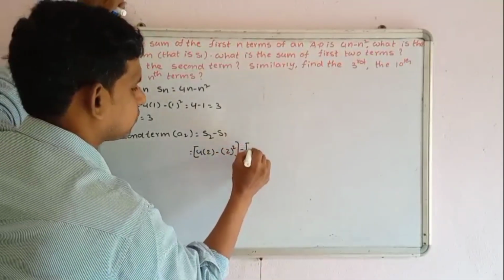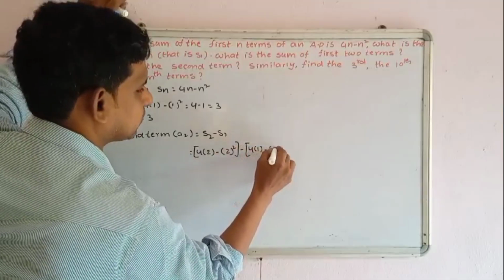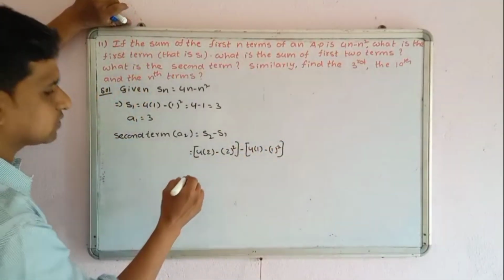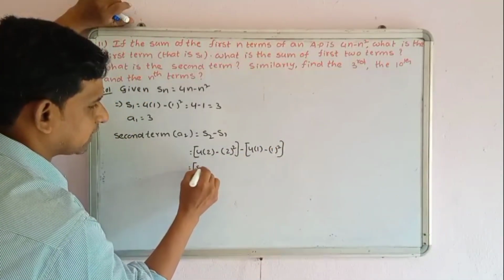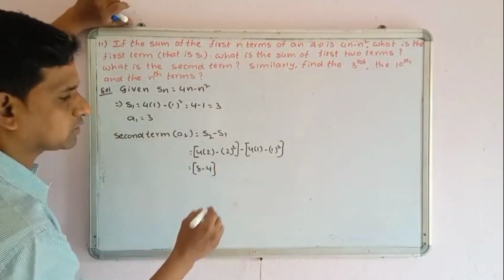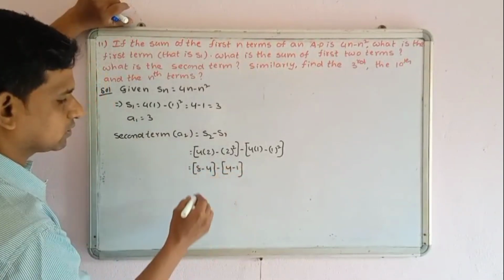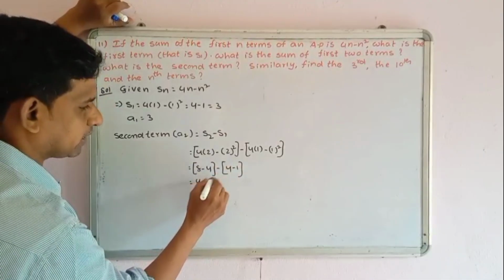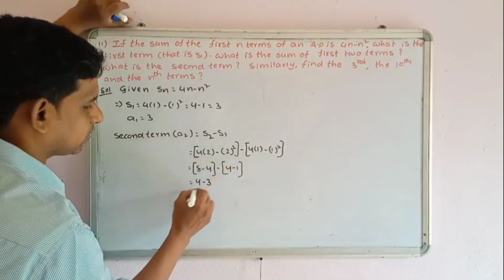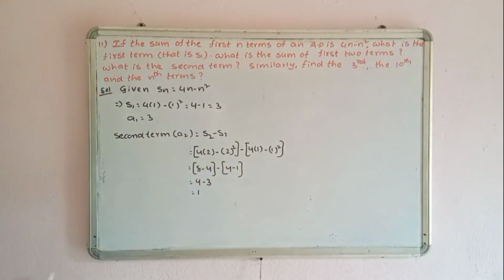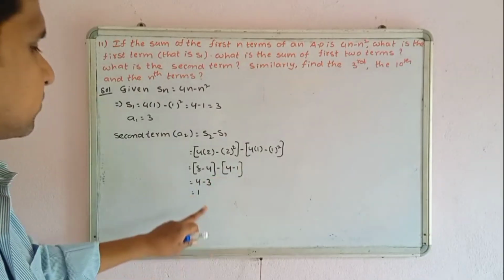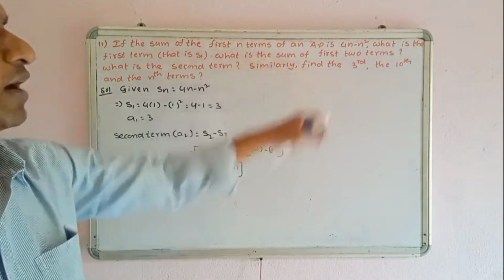S1 is nothing but 4 × 1 − 1². That equals 4 twos are 8 minus 4, minus (4 ones are 4 minus 1 square, which is 1). So 8 − 4 is 4, minus 3 is 1. So the second term is 1. Next, similarly find the third term.